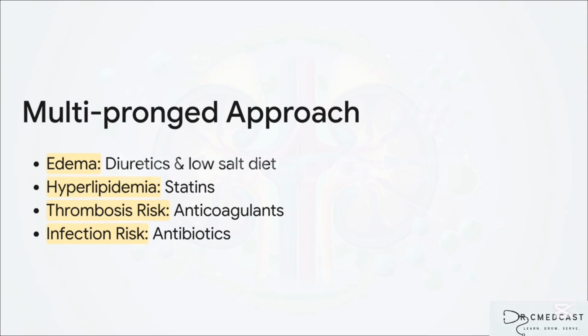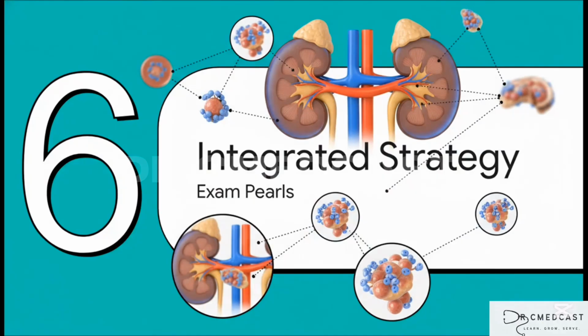Nephrotic syndrome puts patients at a very high risk for blood clots because they're peeing out their natural anticoagulant proteins, so they may need anticoagulants. And finally, they're also losing immunoglobulins in the urine, which increases the risk of infection, so we have to be extremely vigilant.